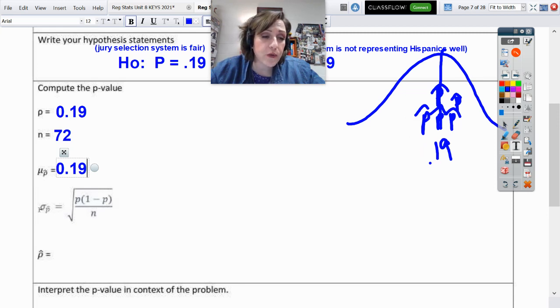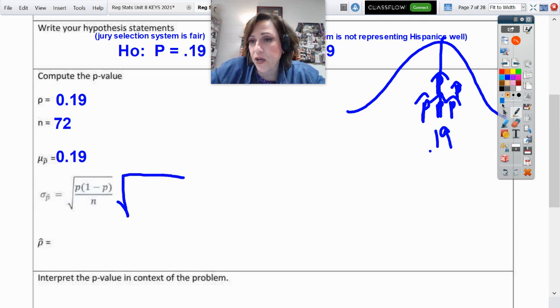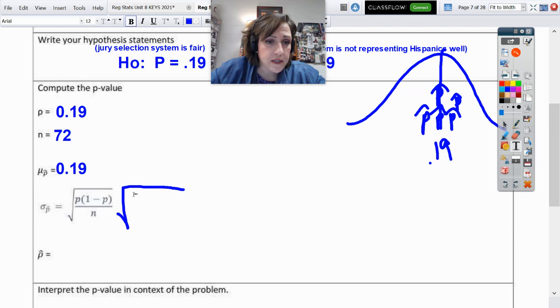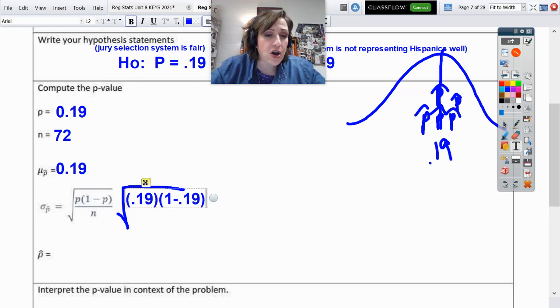Now we got to go over here and do this standard deviation thing. Remember that we go like this. We say square root of, and then we put inside there the 19%. So that's our 0.19 times 1 minus 0.19, which is 0.81, and we have that all divided by n.